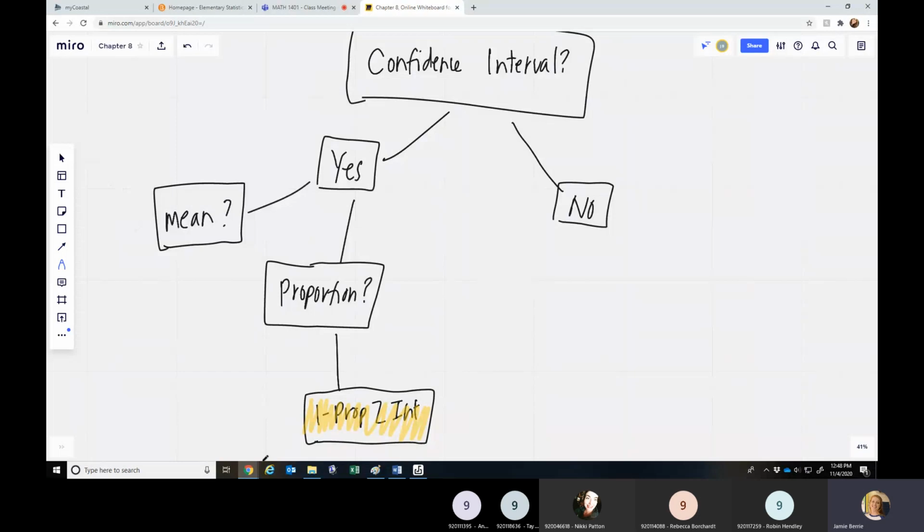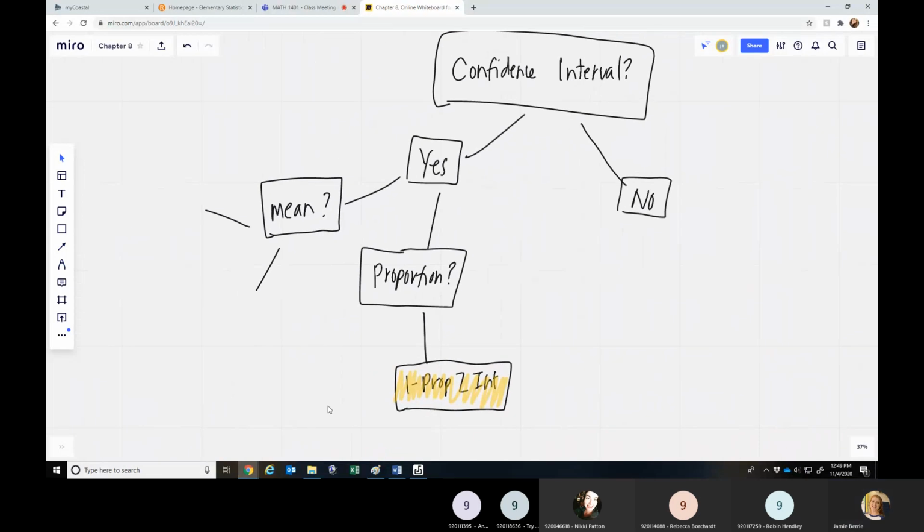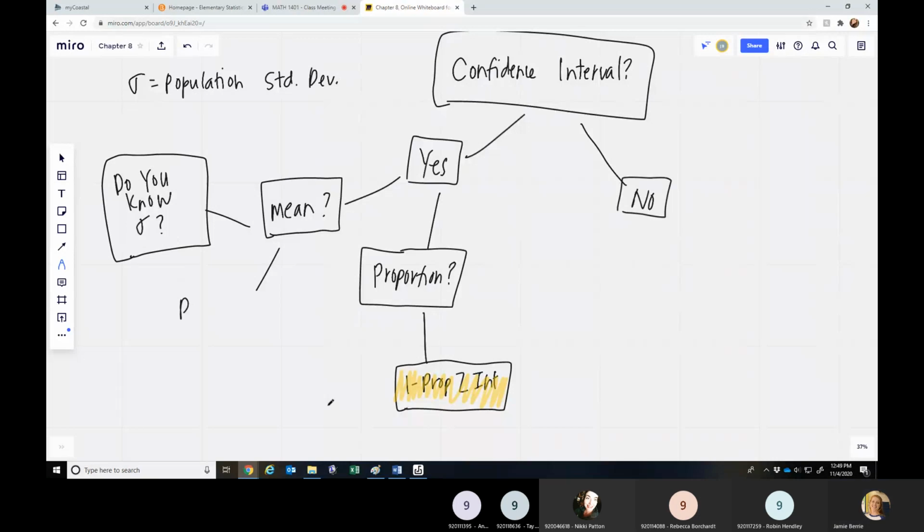If you're doing a confidence interval for a mean, this again can go off in two directions. If you remember, this was sections 8.1 and 8.2. Do you know sigma, which is the population standard deviation, or is sigma unknown?